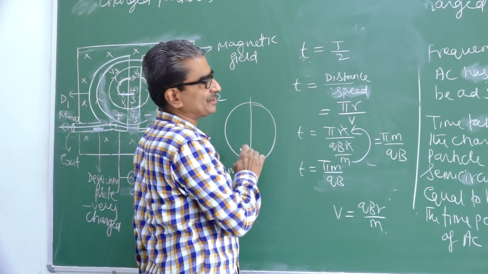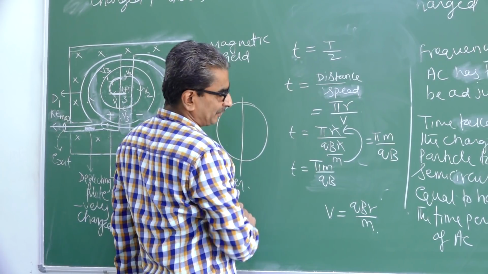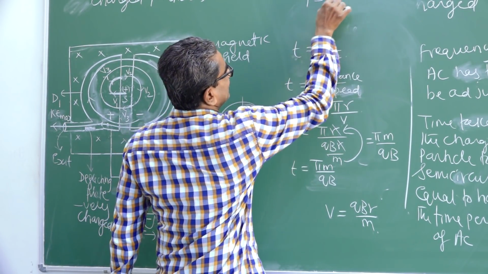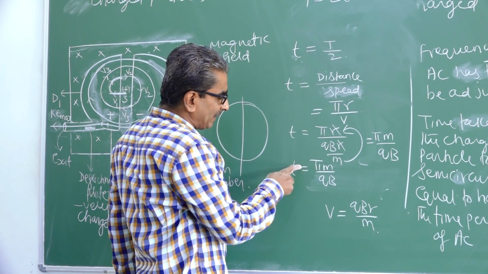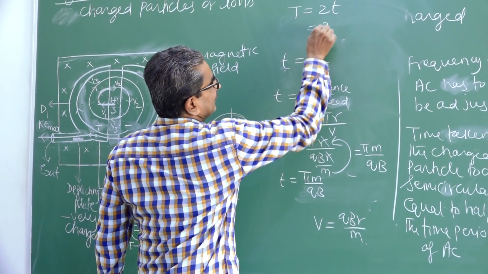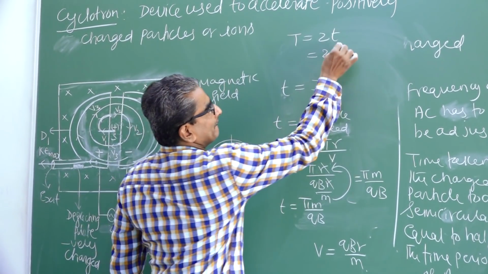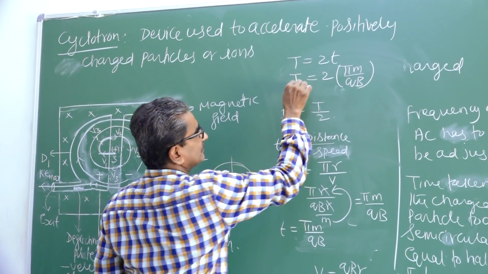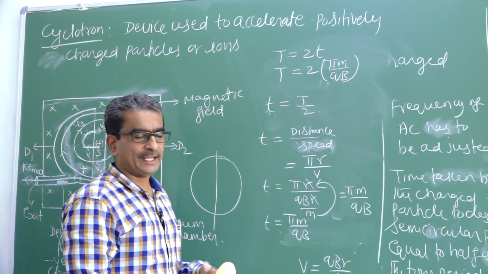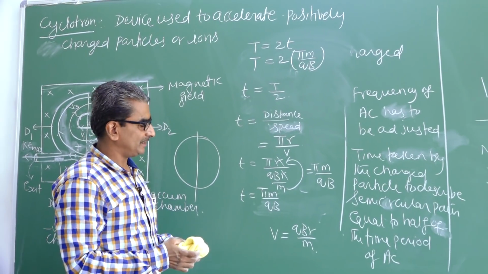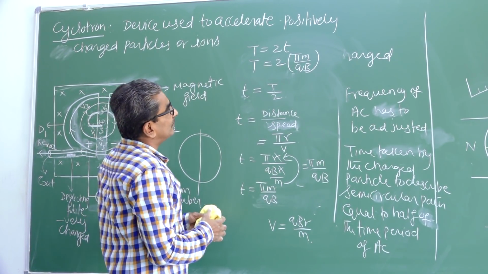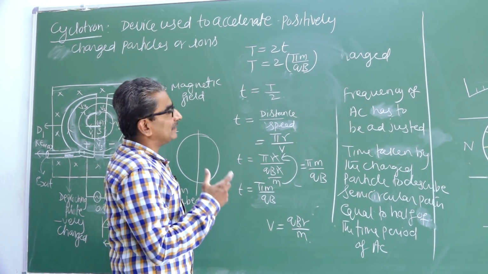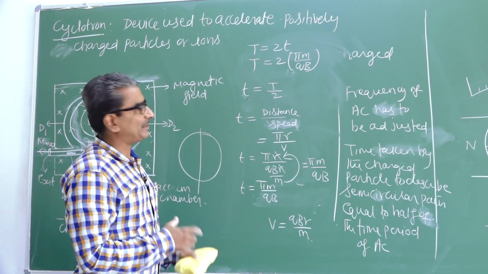Come back to this equation. What is capital T from this now? Cross multiply, T is 2 into t. Now make the substitution for t in this equation. T is 2 into pi m divided by qB. Now this is the time period taken by the charged particle.